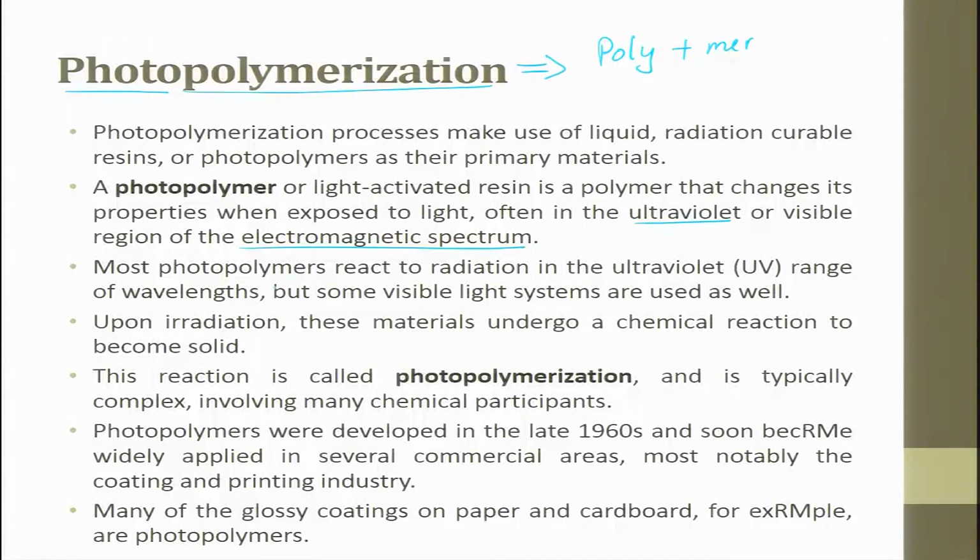Most photopolymers react to radiation in the UV range of wavelengths, but some visible light systems are also used. So, predominantly it will be UV based. You can take a UV lamp or a UV laser for curing. We prefer a UV laser because you can have fine resolutions in the developed material.